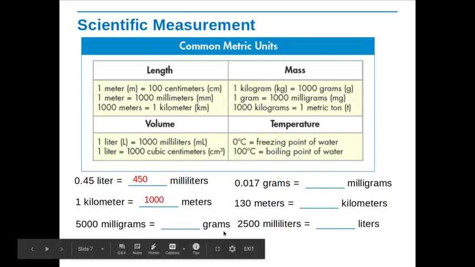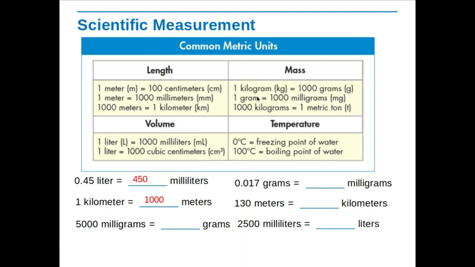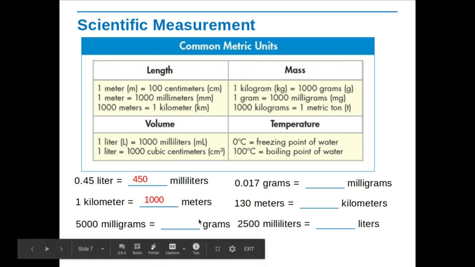Let's look at milligrams to grams. If we go up here, 1 gram equals 1,000 milligrams. Now, if I'm going from milligrams to grams, am I going to multiply by 1,000 or divide by 1,000? You are correct.